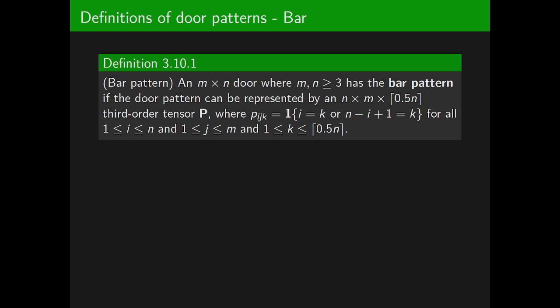So yeah, the bar pattern is very close to its neighbor pitch, although a bit different. Once again, something important to notice: m, n bigger than or equal to 3 this time. The third order tensor size is n by m by the ceiling of 0.5n.